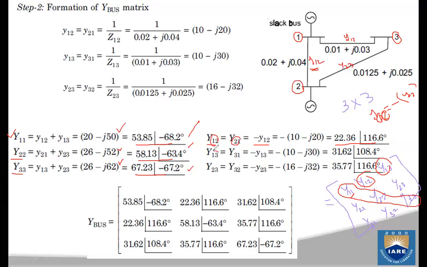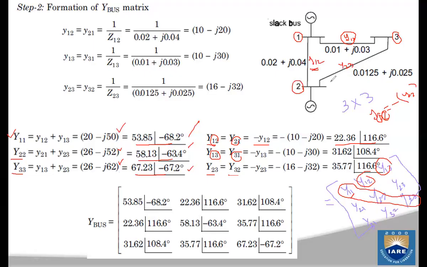Next, if you calculate Y13 or Y31, both are the same, equal to the negative of the sum of the admittances connected between buses 3 and 1. Between buses 3 and 1 you have only one transmission line, whose admittance is y13. So minus of this y13 gives the Y bus elements Y13 and Y31. Similarly, Y23 and Y32 are equal to minus of the admittances connected between buses 3 and 2.